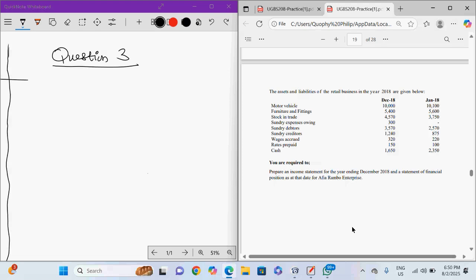Stock in trade, sundry expenses owing, sundry debtors, sundry creditors, wages accrued, rent prepaid, and cash. You are required to prepare an income statement for the year ending December 2018 and a statement of financial position as at that day for Ancome Enterprise. All right. Thank you very much.